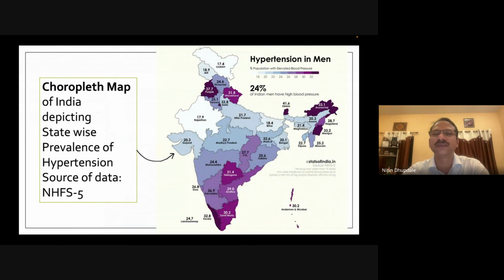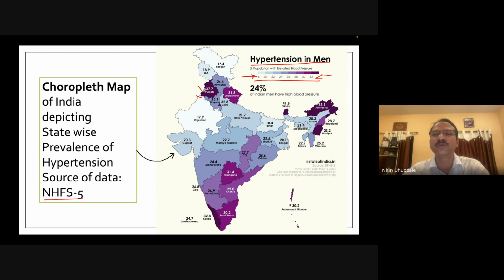This is a choropleth map which tells us about the prevalence of hypertension in men. The data is coming from NFHS-5, and from this you can easily come to know which are the states with high prevalence. You can see this is a legend. This side is high prevalence, and this is low prevalence, from light blue to the darkest blue or purple.